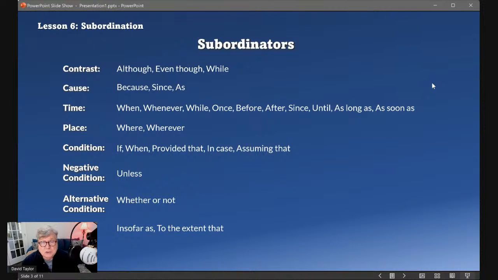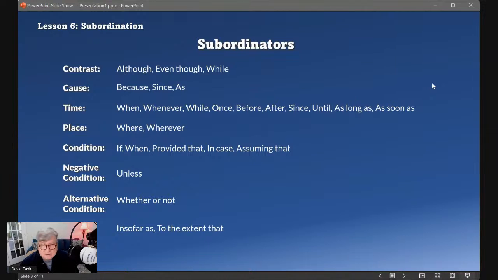For example, under cause, you have the three subordinate conjunctions because, since, and as. Well, we could take the adverb just and go just as, or just because, or just since. And you see how we're fabricating even more subordinate conjunctions by adding words to them.